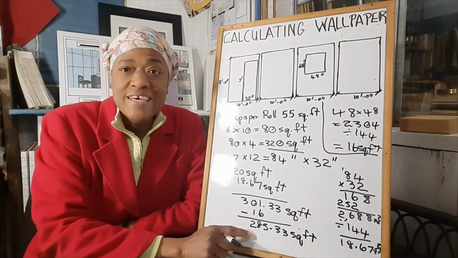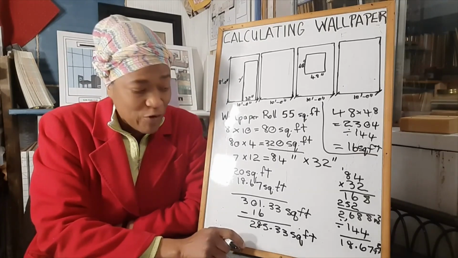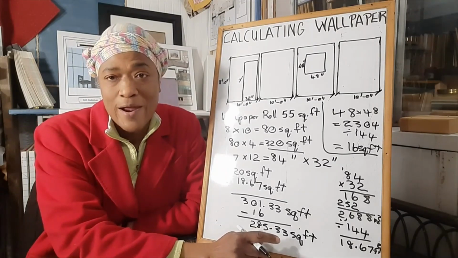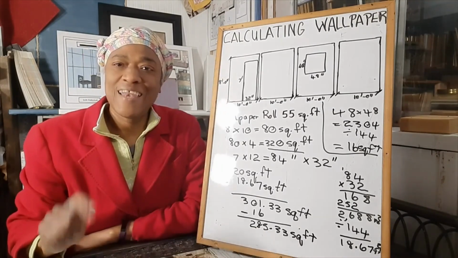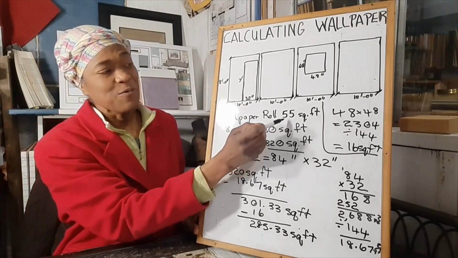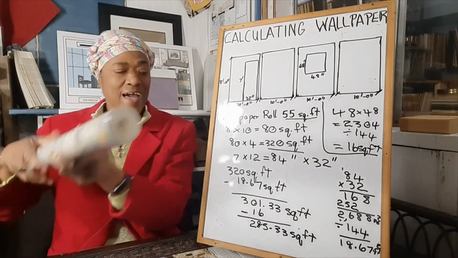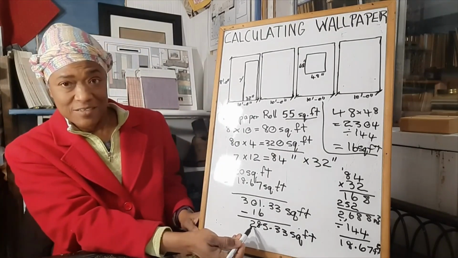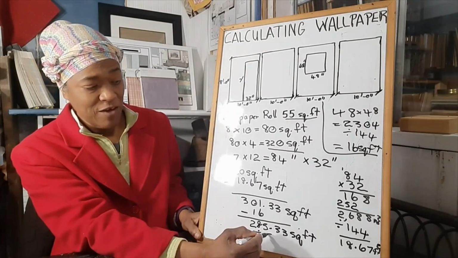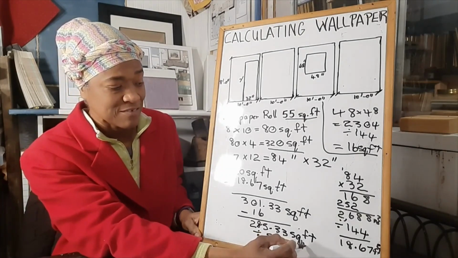Now, this is the total square footage that we need to cover. 285.33 square feet. The last thing we do is take the square footage of our wallpaper roll and we will divide the 285 by 55 square feet.